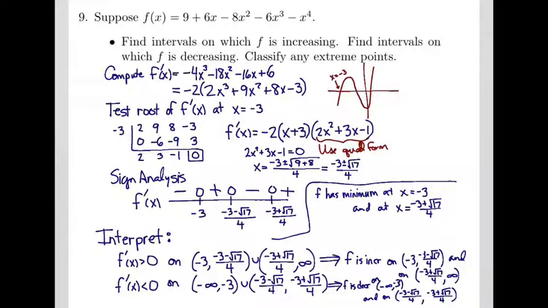These are both local. They're not necessarily global. F has a local maximum at the other critical point at x equals negative 3 minus root 17 all over 4.